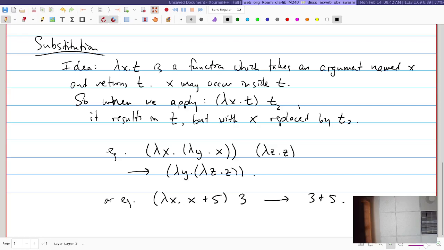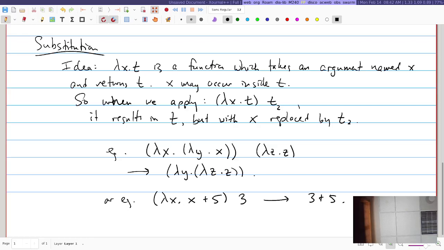Andre, any question? This example? So I have a function here that says it takes an argument x and returns lambda y dot x, right? Make sense?